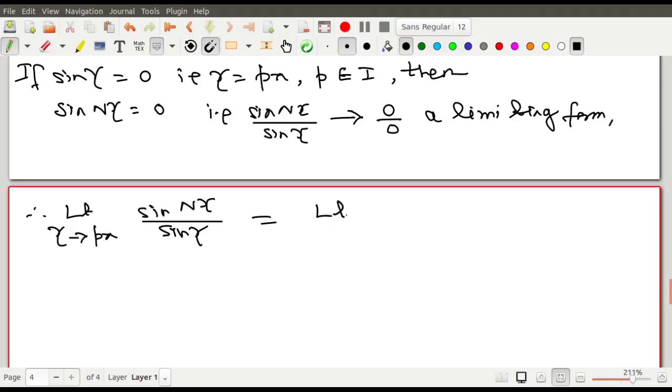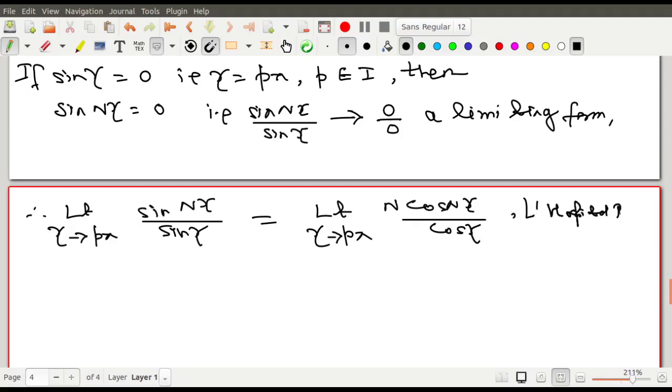So you use the L'Hopital rule. According to L'Hopital rule, this is n cos n gamma over cos gamma, and this is no longer in the L'Hopital form.